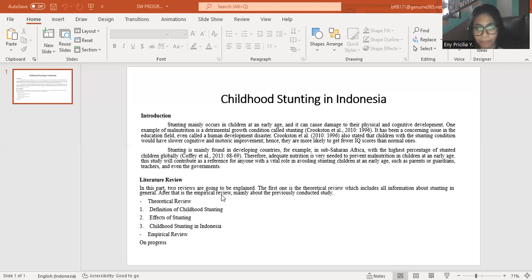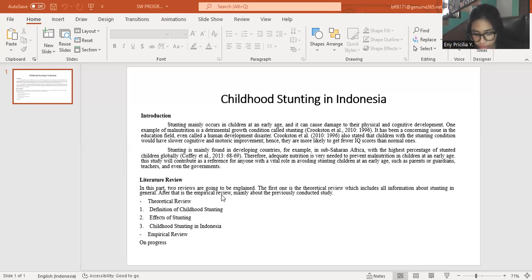And after that, I discuss the effects of stunting, which is that the stunting condition can be shown physically or cognitively. Physically, you can see that stunted children are below two standard deviations from the population median. And after that, underweight children can be considered as stunted children because of the undernutrition condition.